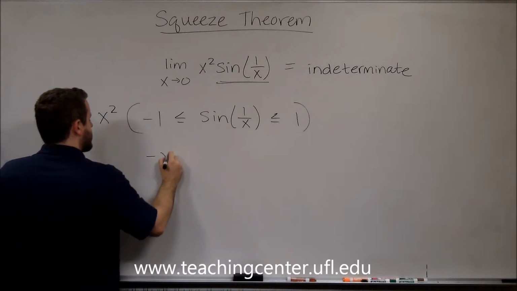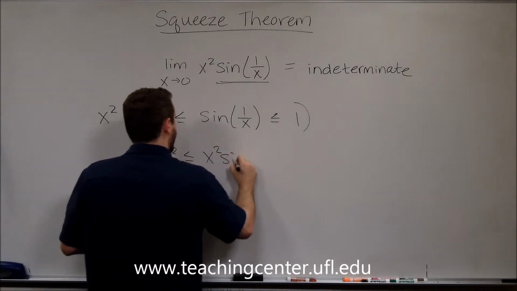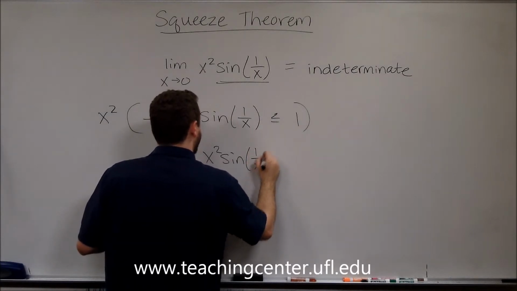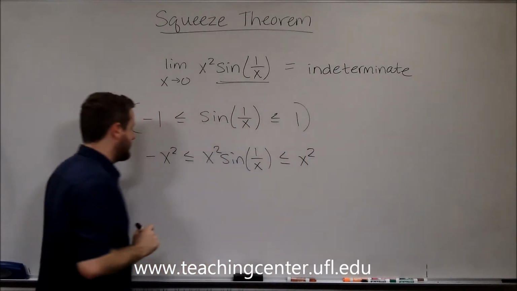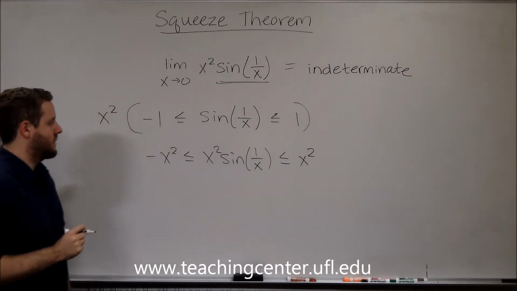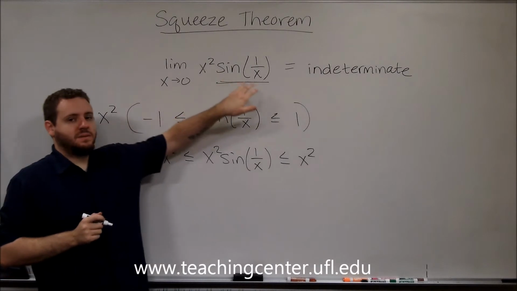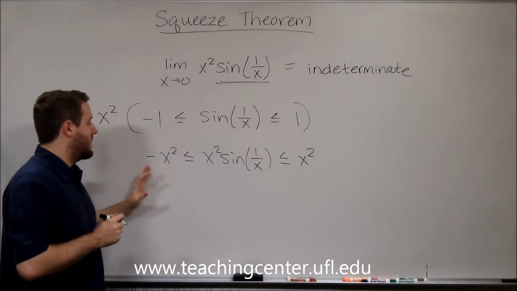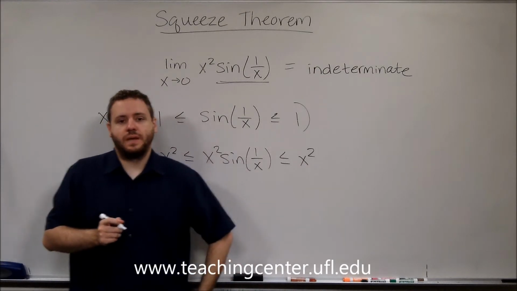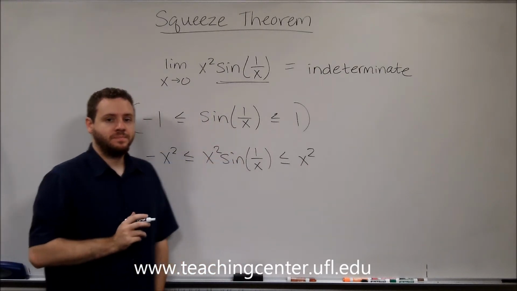I get -x squared, I get our original problem in the center, and I get x squared on the right. So even though I don't know what the limit of this is, I know this function is always in between -x squared and x squared. That's what we got just by multiplying an inequality.